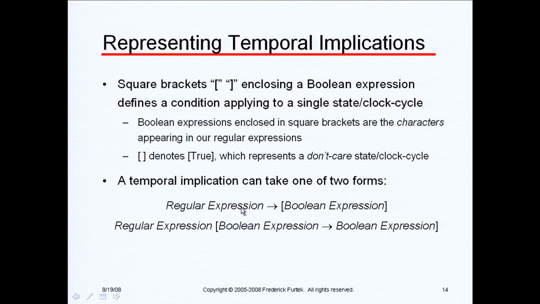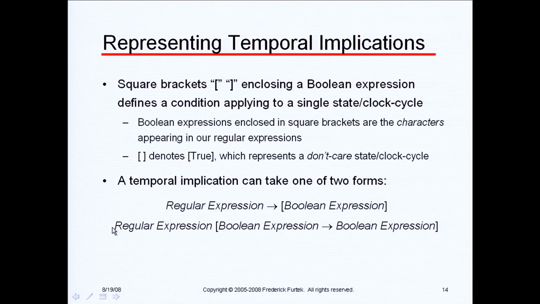Now, our implications are going to be of two forms. We're going to have a regular expression implying a Boolean expression in square brackets. What that means is the pattern of behavior described by this regular expression implies that this Boolean expression holds in the next state following the sequence of states described by that regular expression.